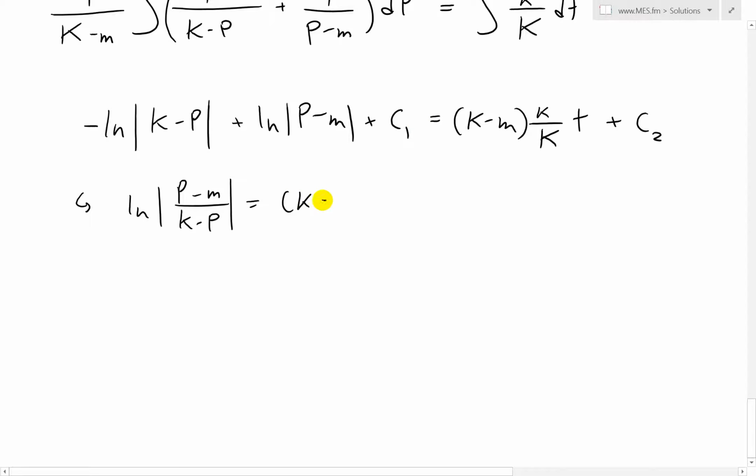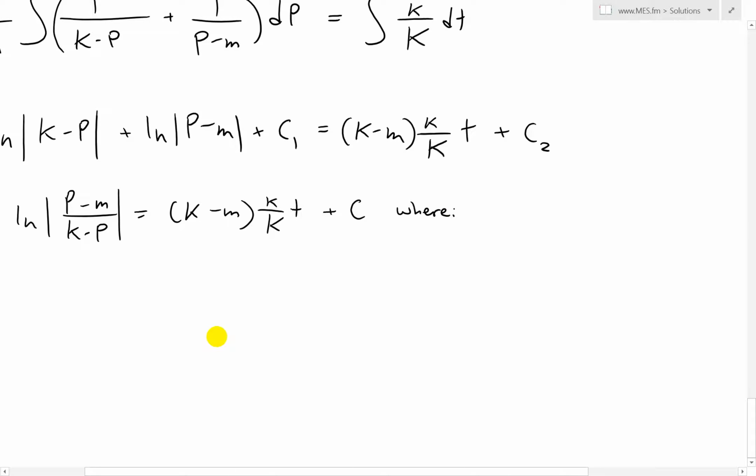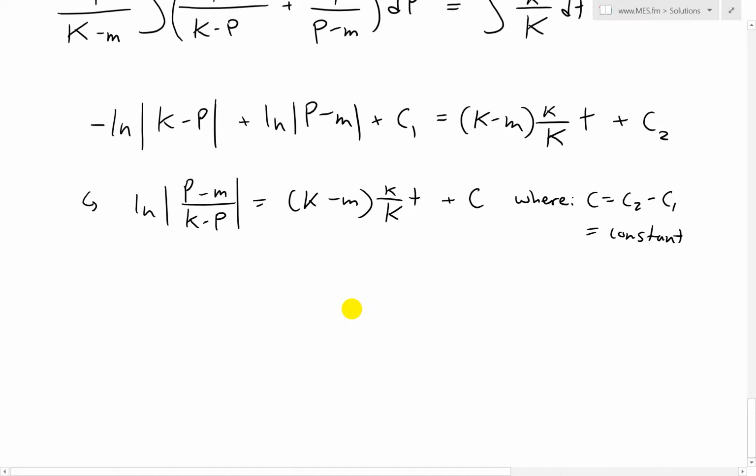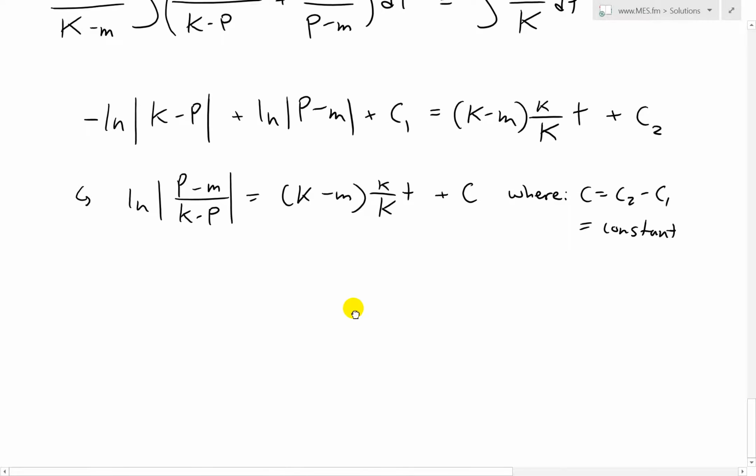So now we have k minus m over capital K, t, plus c, where I moved the c1 to the other side, and c is just equal to c2 minus c1, and this is just a constant. A subtraction of constants is still a constant. And now what I'm going to do is get rid of this ln.